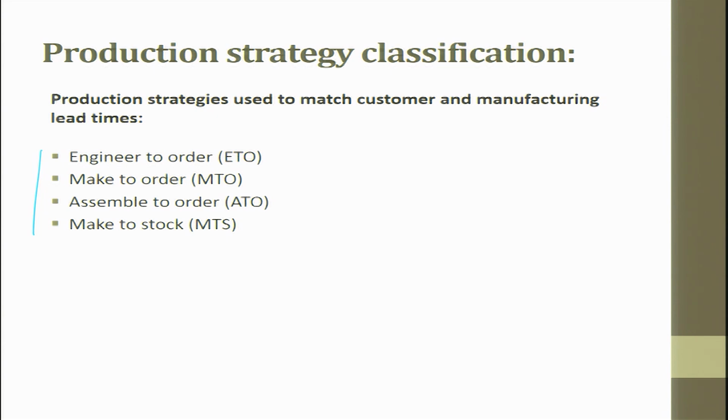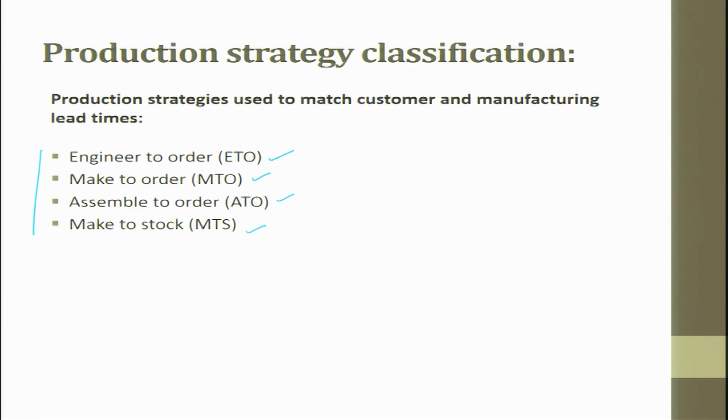You promise, you deliver. If you have to do that, then your product should have several strategies. Here are the basic four strategies which are used: engineer to order, make to order, assembly to order, and make to stock. We will see one after the other.